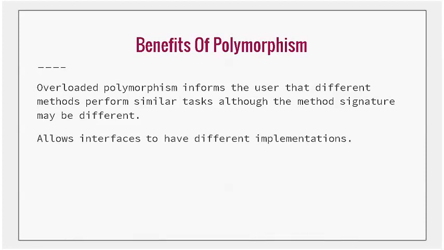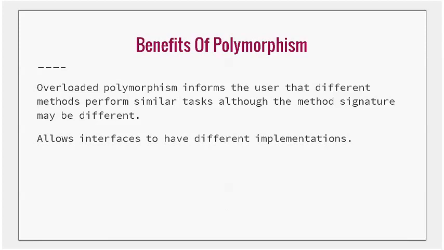Second, it allows the interfaces to have different implementations. For example, in the previous slide you had dog as an interface to hound and terrier, so you can have different logic in the different subclasses. So this interface can point to different implementations, which extends the flexibility of the application.